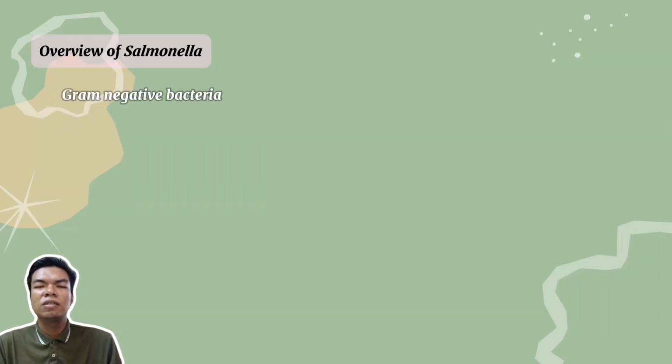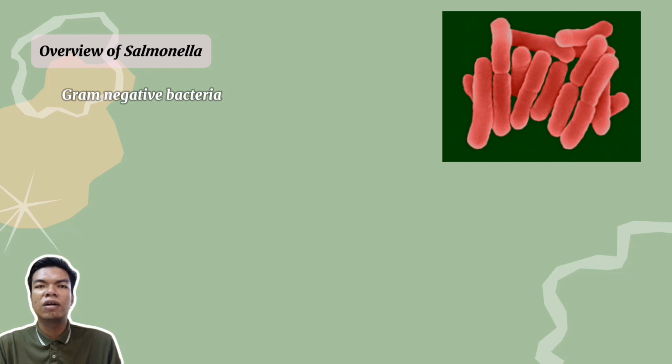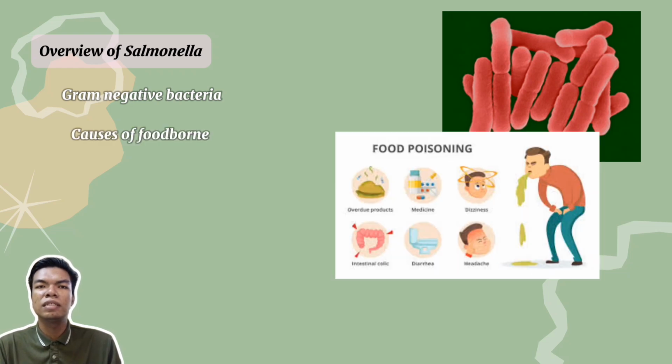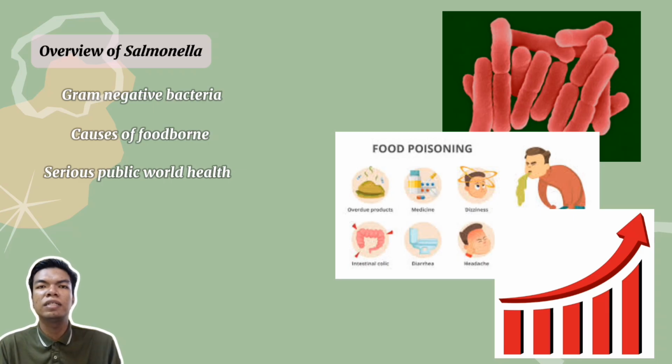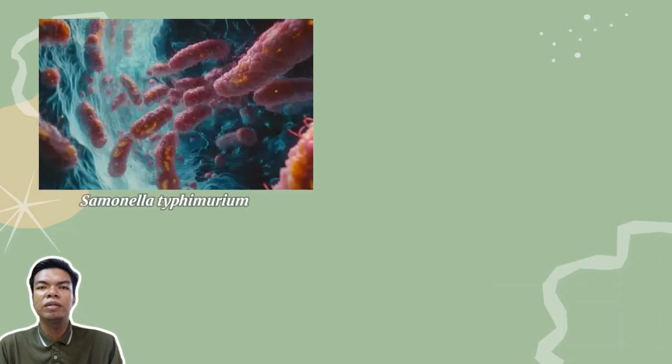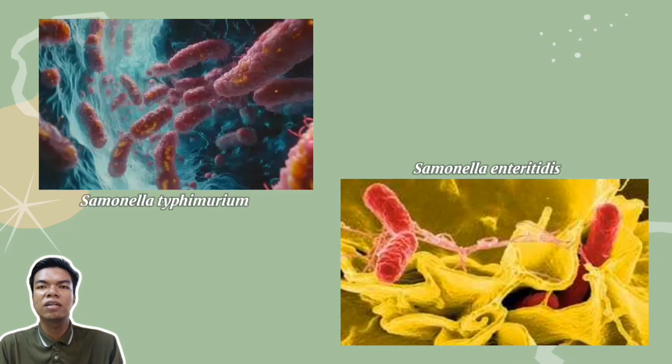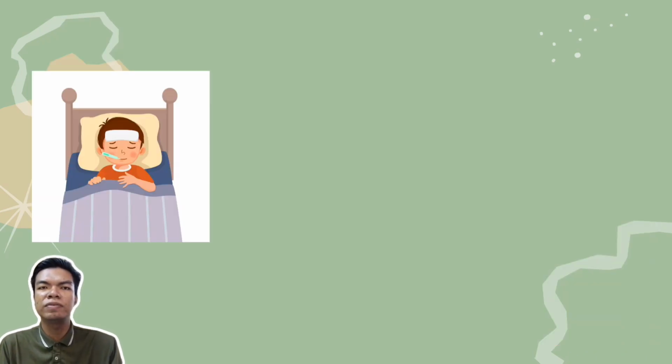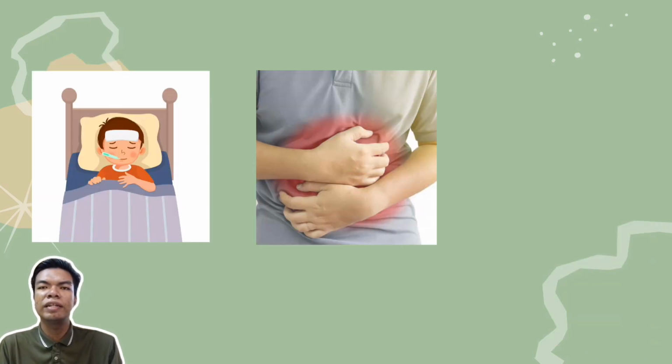Salmonella is a genus of gram-negative bacteria that cause a variety of foodborne diseases in humans. Millions of infections are caused by these bacteria each year, making them a serious global public health risk. Variants of Salmonella enterica, including Typhimurium and Enteritidis, cause non-typhoidal salmonellosis, which is characterized by fever, abdominal cramps, and diarrhea.